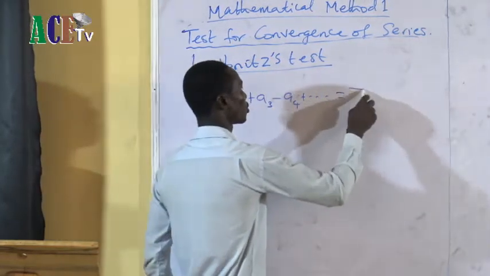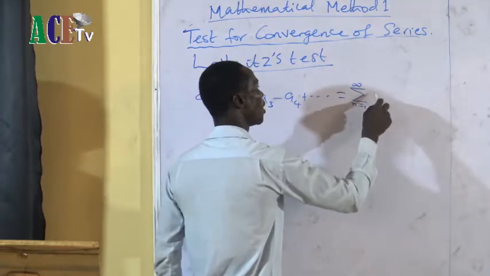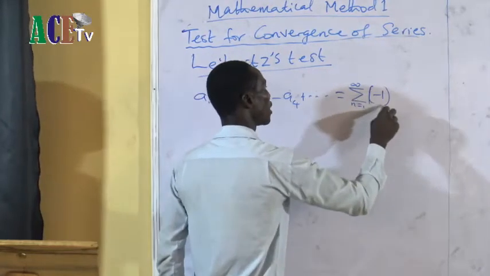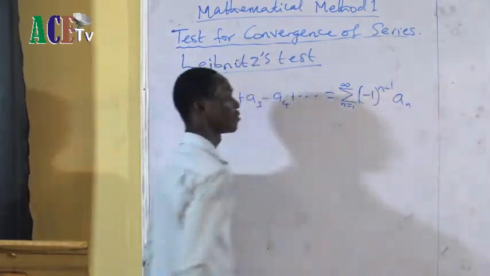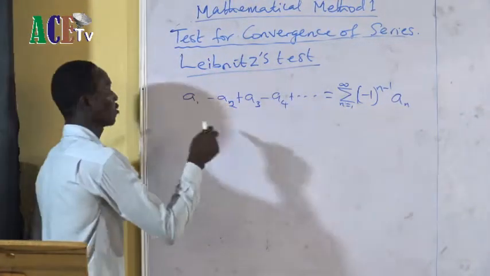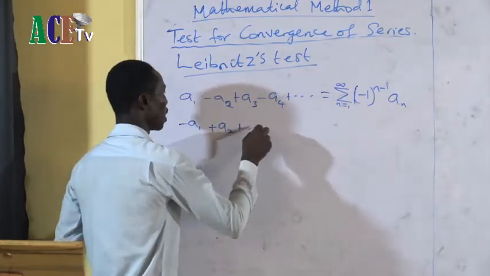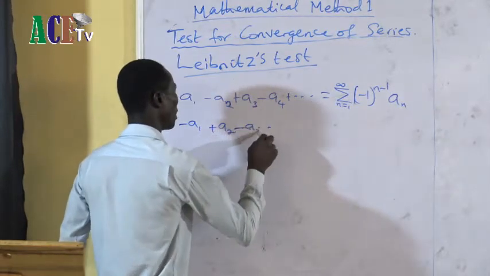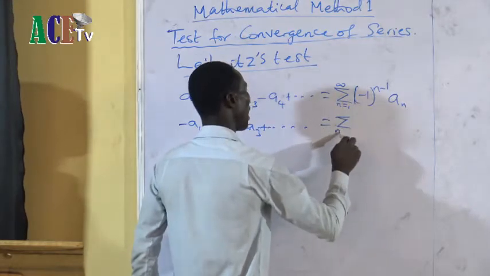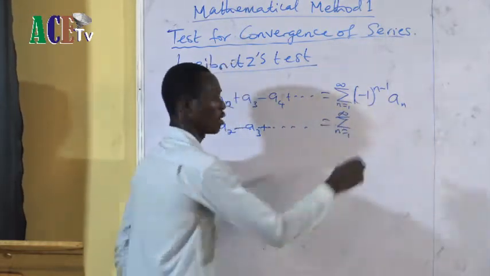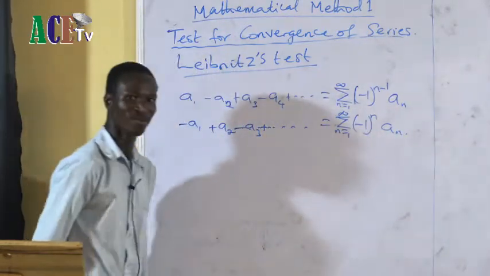That will give us the sum of n equal to 1 to infinity of minus 1 raised to power n minus 1 an. Or A1 plus A2 minus A3 and so on and so forth, that will give us the sum of n equal to 1 to infinity of minus 1 raised to power n of an.